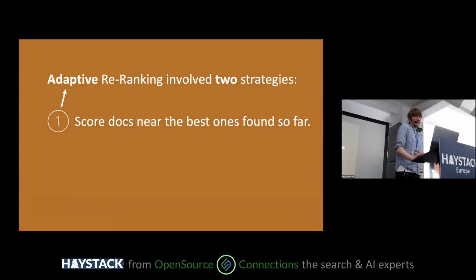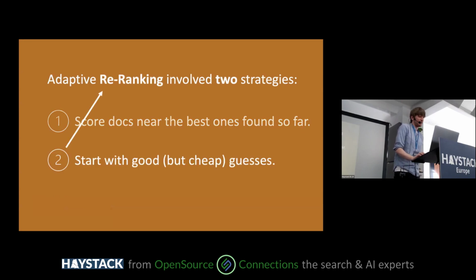The second bit, and it was a little subtle before, but now it's really important, is the re-ranking bit. It says we're going to start off with good, but really inexpensive guesses about what are good documents. So we're not just randomly guessing on the board for Battleship, right? We have some good guesses about where the ships might be, right? Where the good relevant documents are.